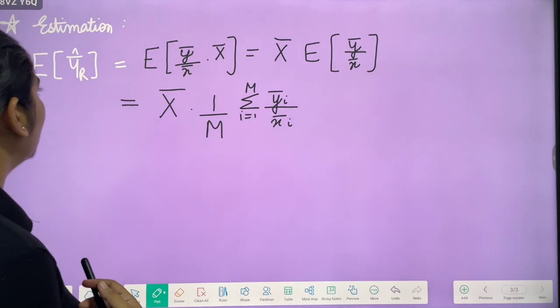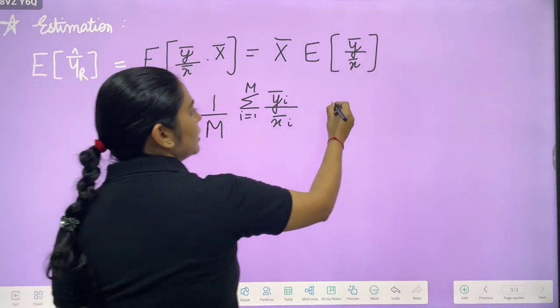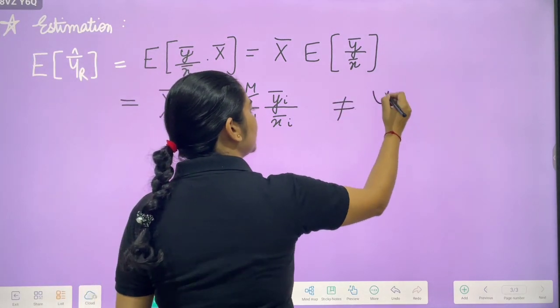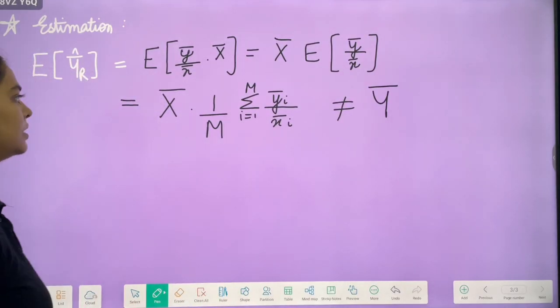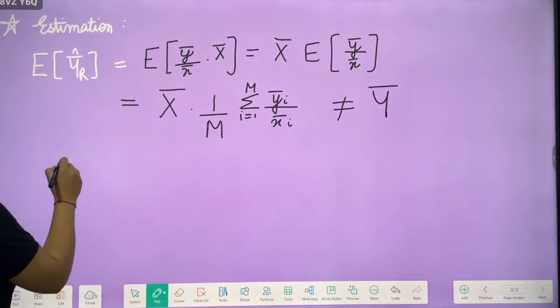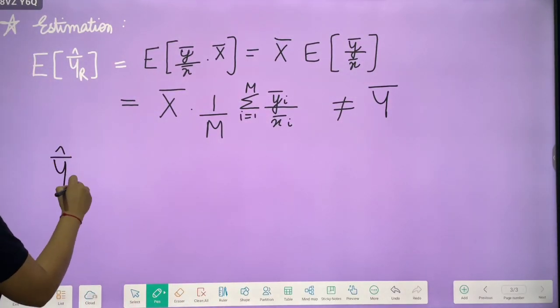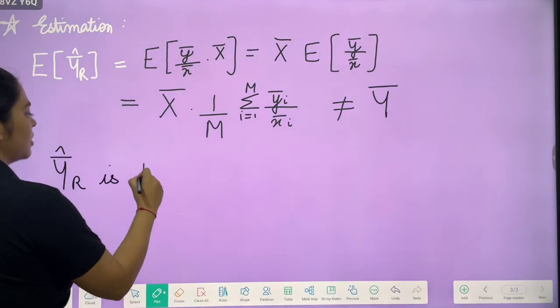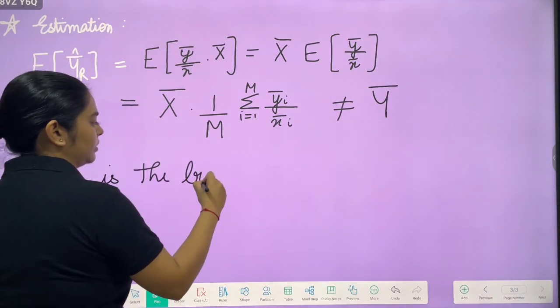So this estimation is clearly not equal to the population mean, and hence we can say that the ratio estimator is a biased estimator.